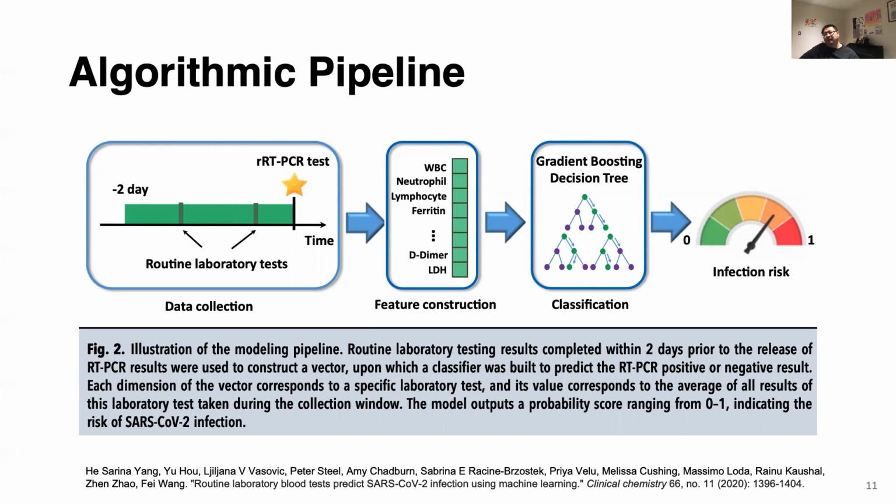So we can calculate the average, the maximum, the minimum, or the median, and our robustness testing suggests that won't impact the result too much.